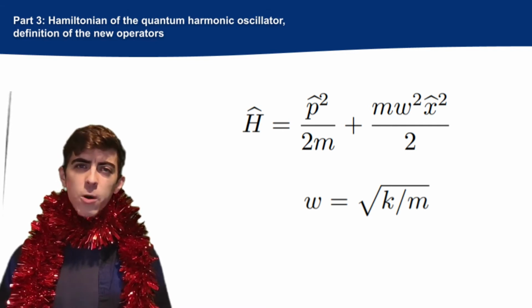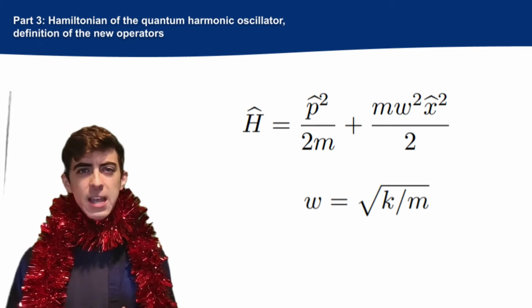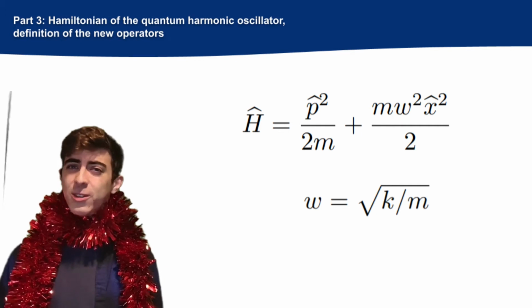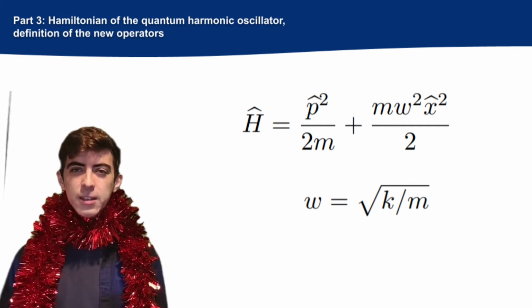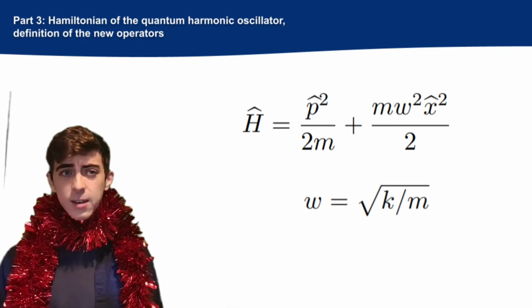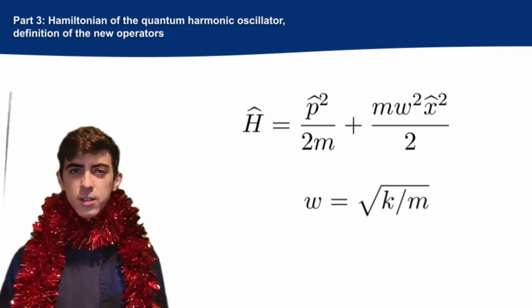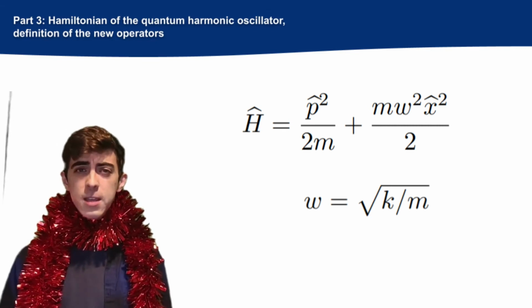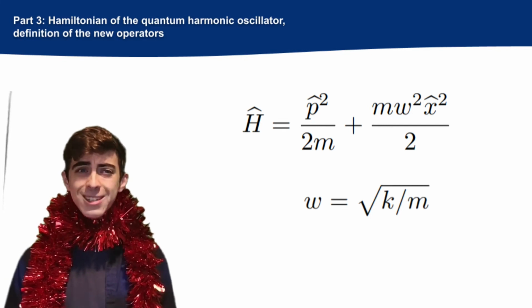And now, from now on, instead of saying operator p or operator x, I'm just going to say p and x, because it's going to be repeated many times in the video. And again, with this expression, we should know that omega equals the square root of the spatial frequency, k, over m, the mass.